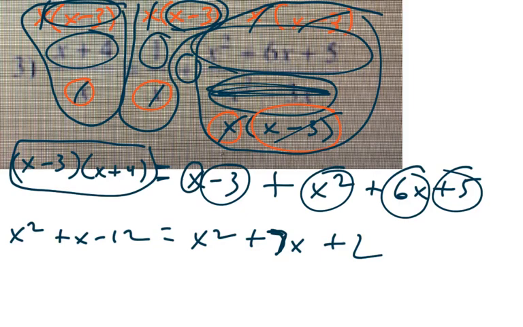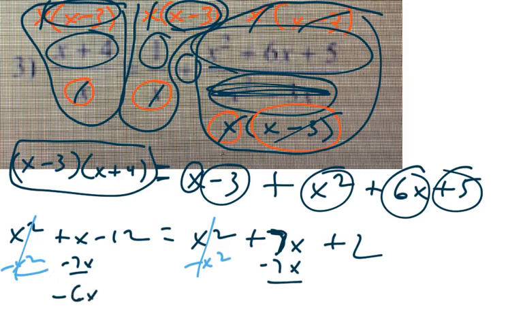All right, now what's cool is, guys, notice when I minus x squared both sides, there's no more x squared to solve for. And I'm just going to go ahead and minus 7x both sides. I'm going to get negative 6x minus 12 equal to 2. And now I'm going to add 12 to both sides.